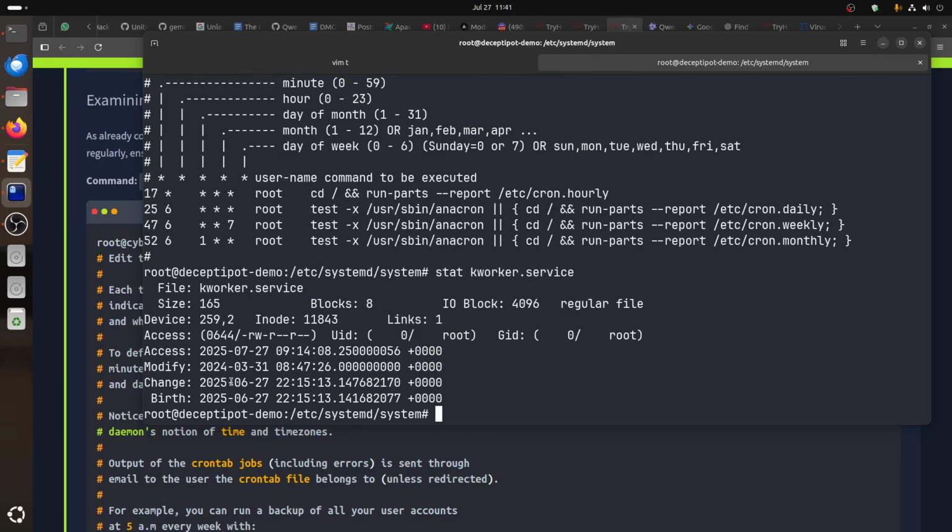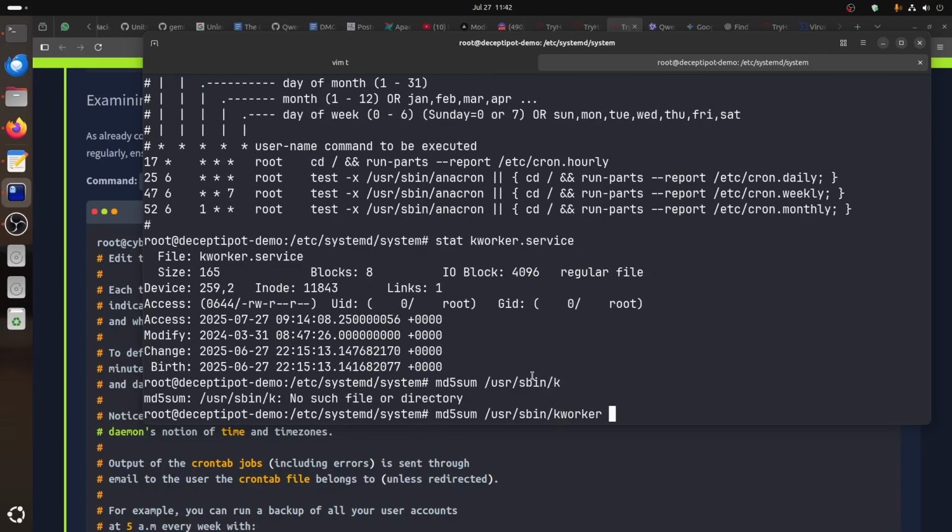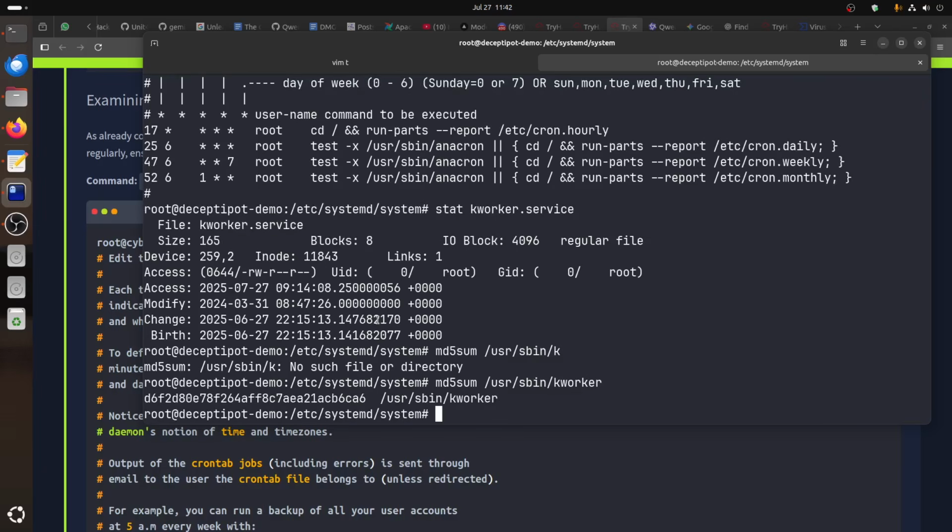The timing was modified to 2024, but in reality it's a new file. So the malware basically is this one. This is the attacker's malware. Of course, you do MD5 sum on the key worker file, and you get your MD5.